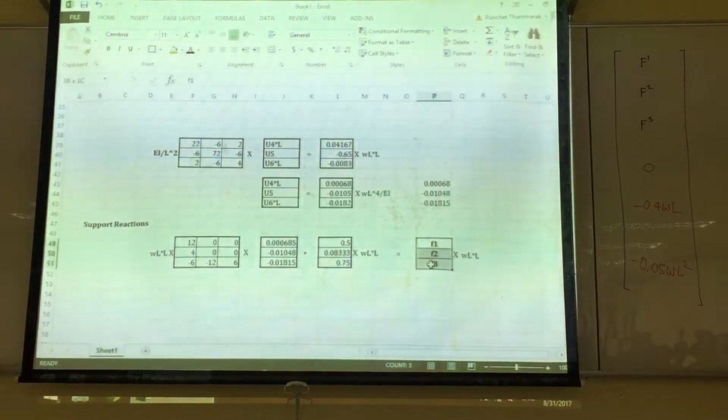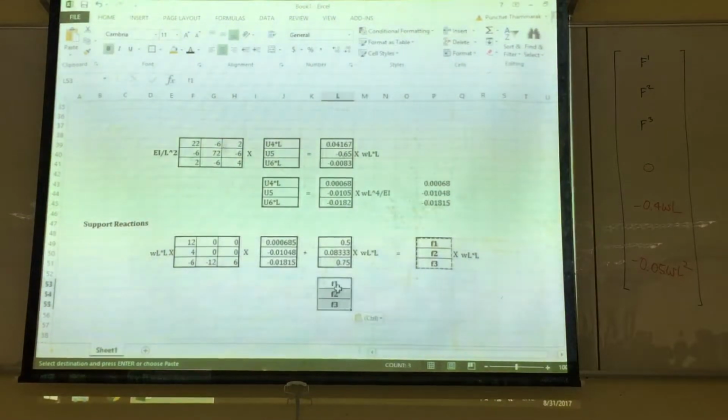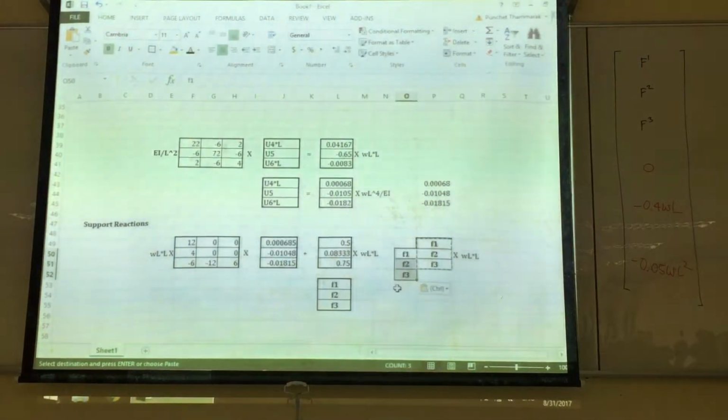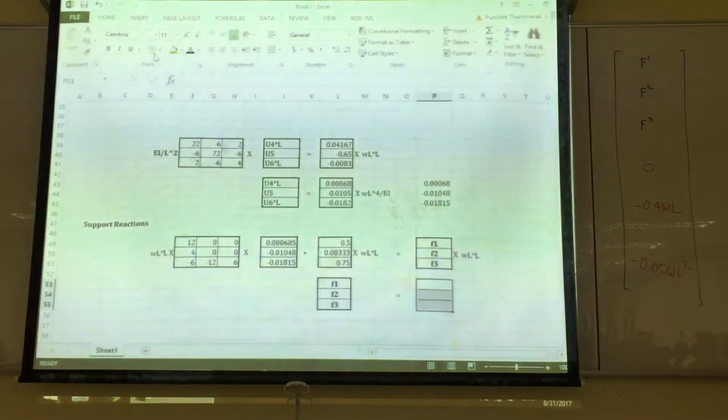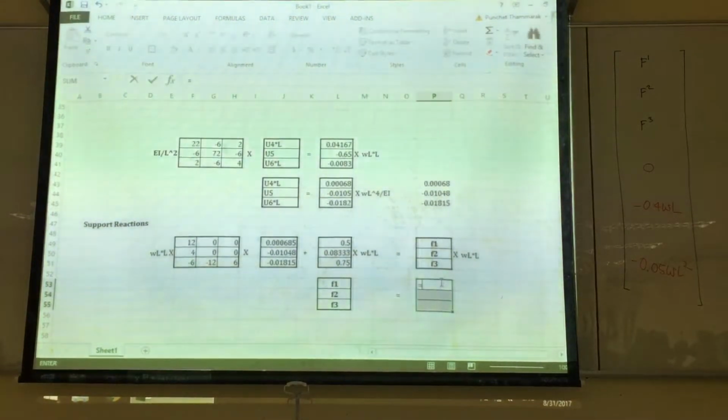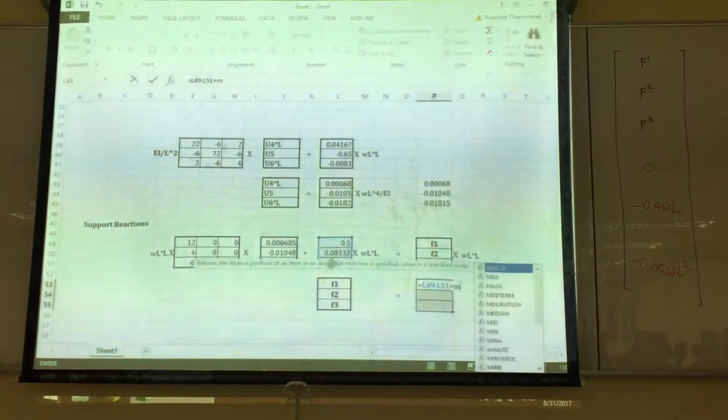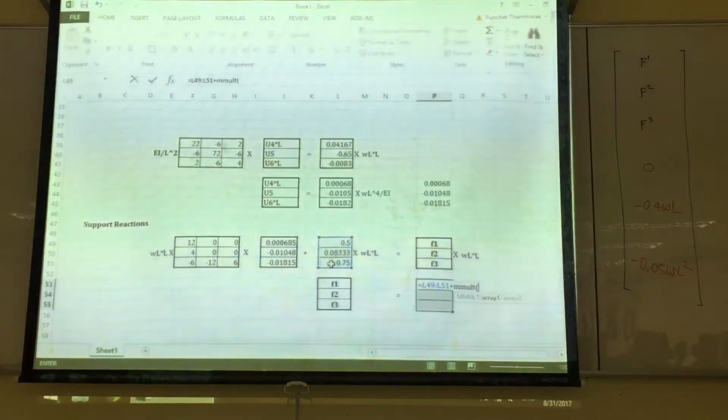So F1, F2, F3 will be equals to this one, add up with MMULT, matrix multiplication of this one and this one.